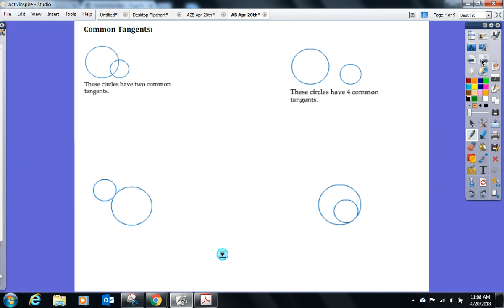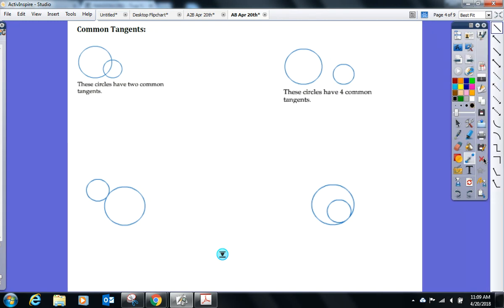Okay, let's talk about common tangents. Two circles, one line that intersects both of them in one spot. So take a look at my first one here. I'm predicting that these circles have two common tangents, meaning I'll draw one so you know what I'm talking about. I can draw one line that intersects each circle in exactly one spot. Here's one of them right here. Everyone see how that one line intersects both of them at one spot?